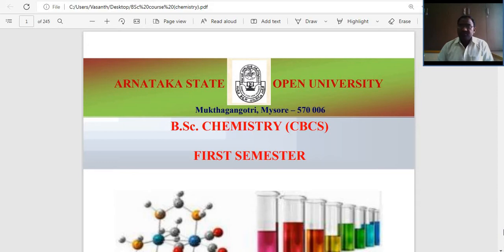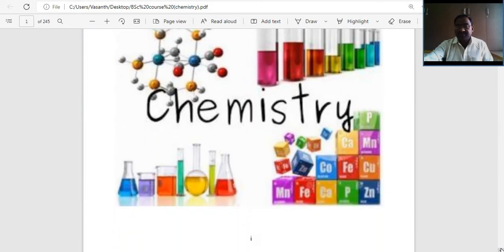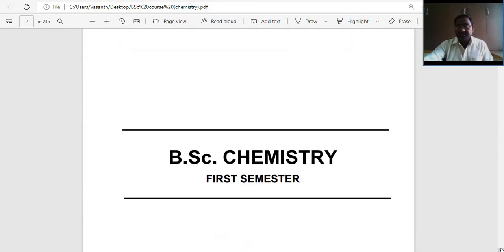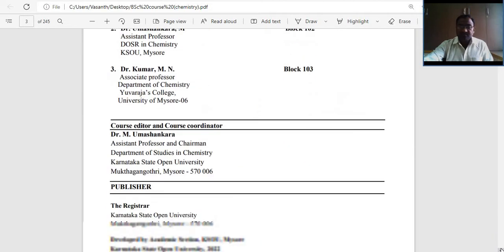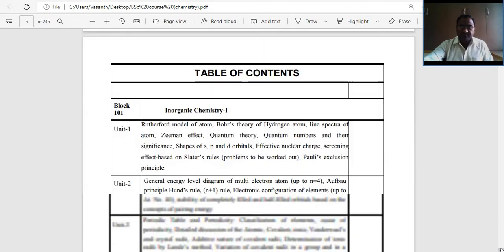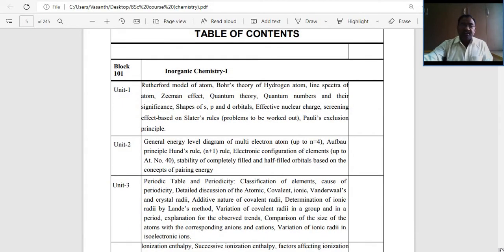In this module, I am going to explain BSc Chemistry first semester under the units of Inorganic Chemistry. In your syllabus, they mentioned 4 blocks. Block 1, Inorganic Chemistry.